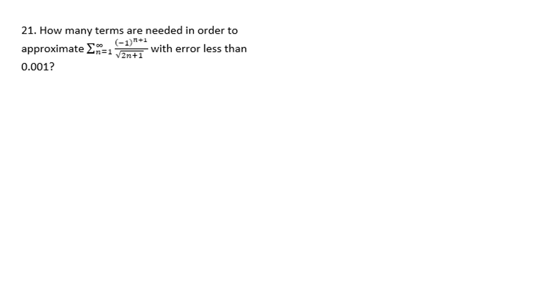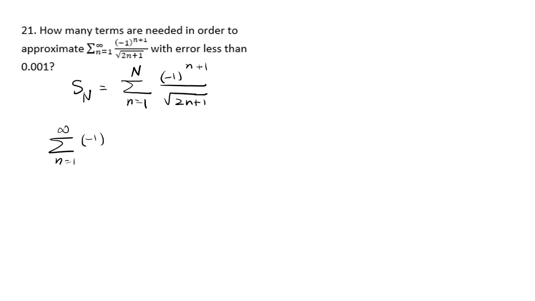If we define the partial sum as sigma n from 1 through capital N of (-1)^(n+1) a_n, then the difference between the actual value and the partial sum at N, because this is an alternating series, the error is always less than the next term.